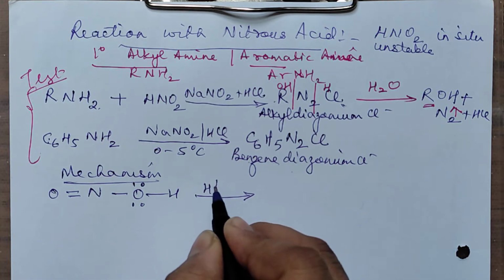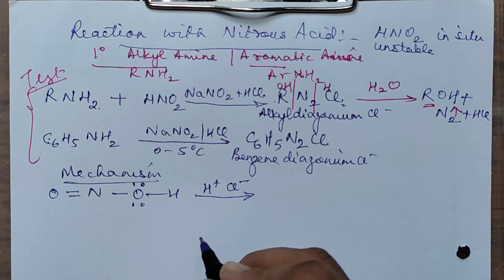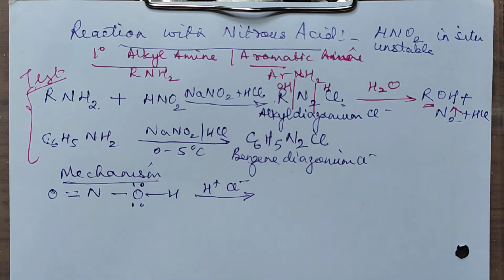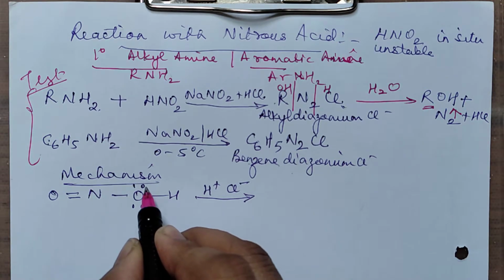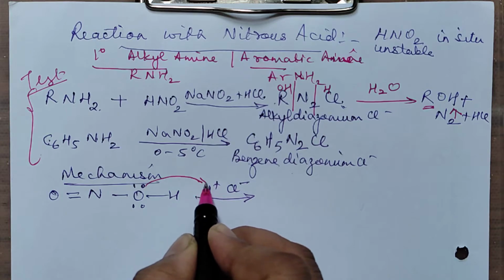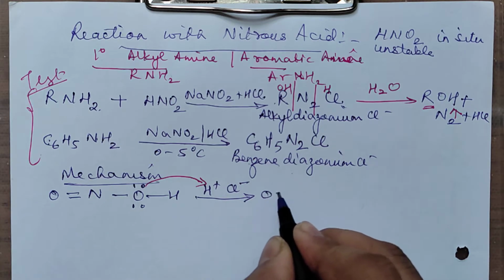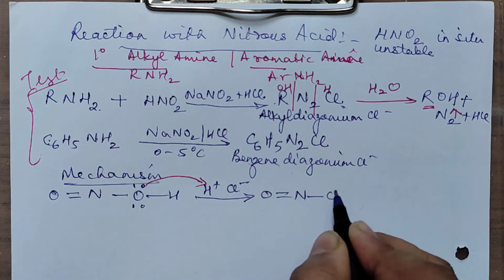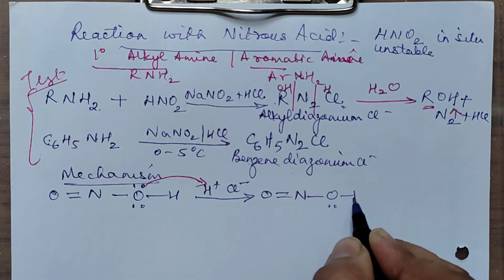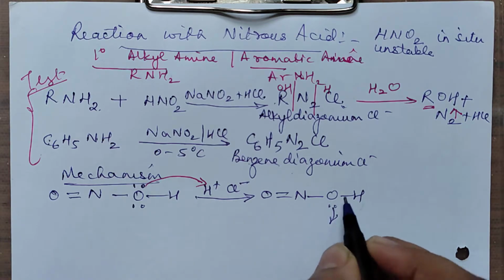So HCl will have H plus and Cl minus. So there is a lone pair of electrons over here on the oxygen atom. So what happens is, first step, it will pick up H from here, and that H will get attached onto O. So what you get is O, N, O, only one lone pair left, one H, one H.